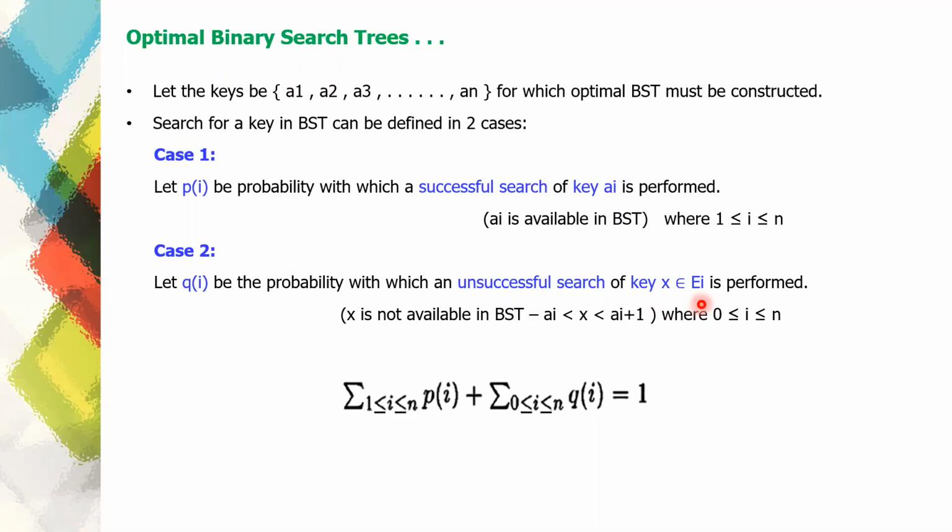So here, you are searching for some key X from some equivalence class, that is, a key that is not available in the tree. Then it will lead to an unsuccessful search. And let the probability of unsuccessful search be represented with Q of I.